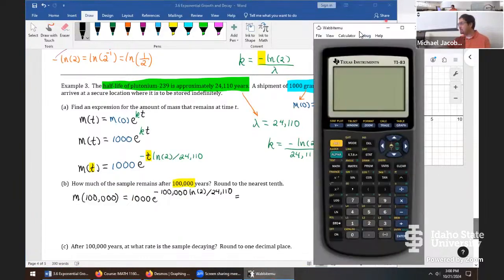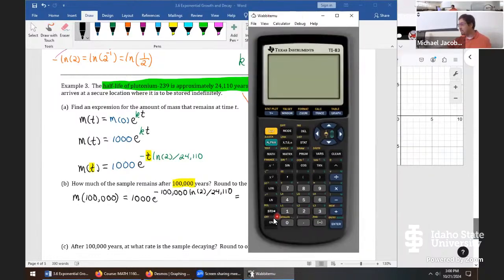Now let's use this calculator just to help out with what it would look like if you're using, say, an exam-approved calculator. You always want to go left to right, and try to read it out verbatim. So 1,000, the basic exponential is right here to the left of the natural log key. So second ln. Now here we have to literally hit the negative sign, this one. So start with negative like that. 100,000.